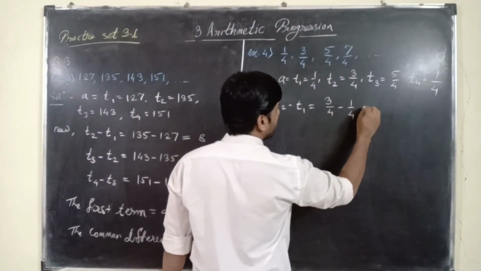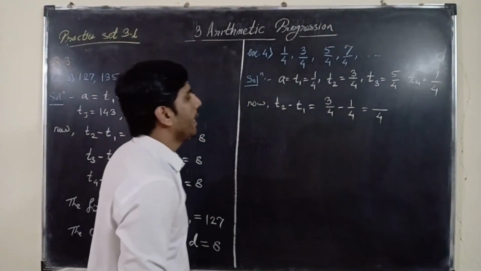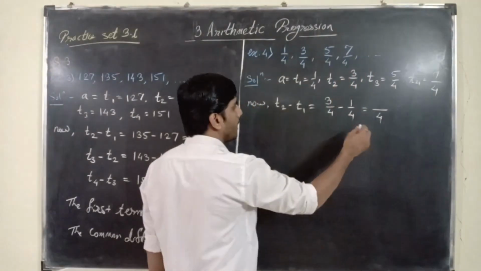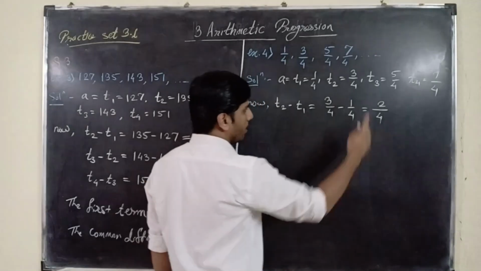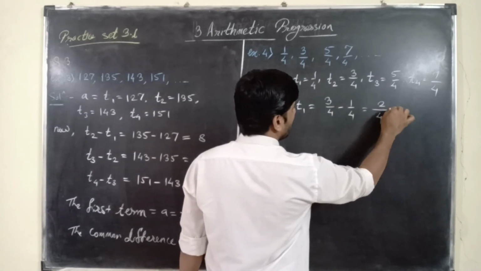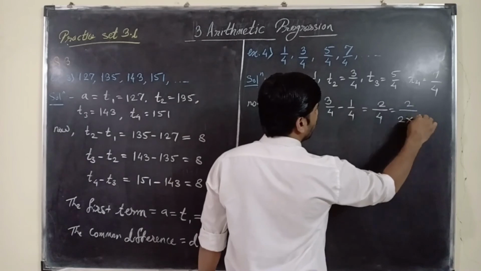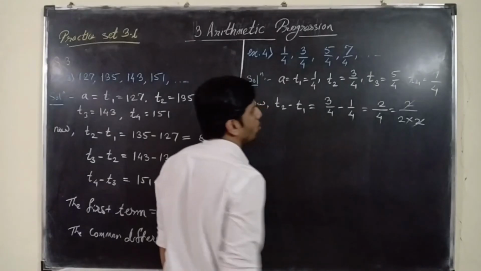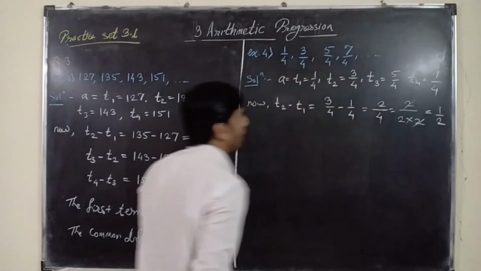The denominator is common, so write as it is, and subtraction will take place as denominator is same. So 3 minus 1 will become 2. But again by cancellation law, we can factorize 4 as 2 into 2. Here 2 will get cancelled with 2 and we will get here 1 upon 2.